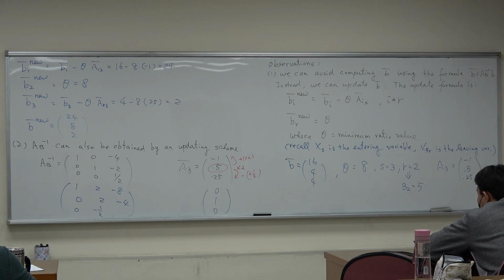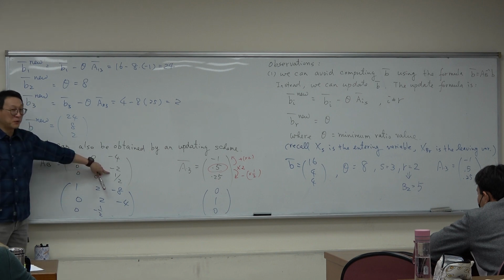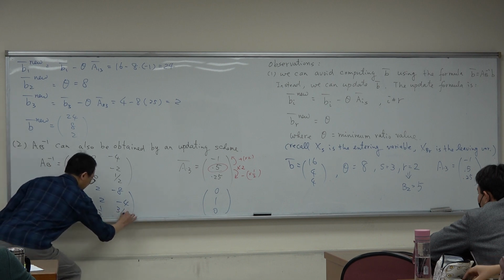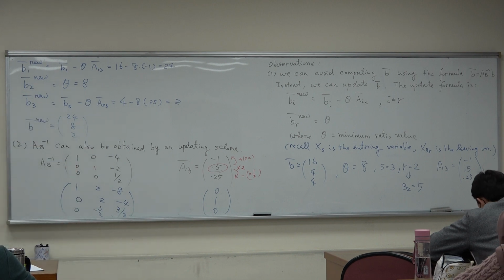Are you sure? -2 multiplied by -0.5 is equal to 1. 1 and then 2. Check that.